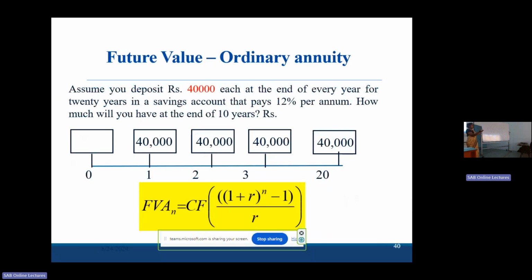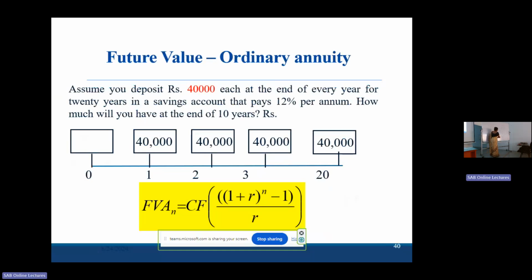You want to see the balance at the end of 10 years, assuming the 12% interest rate per annum remains constant. So therefore the future value interest factor annuity is equal to (1.12 to the power 10 minus 1) divided by 0.12.